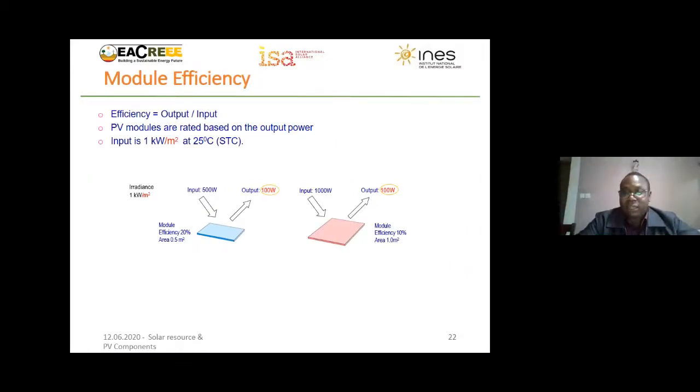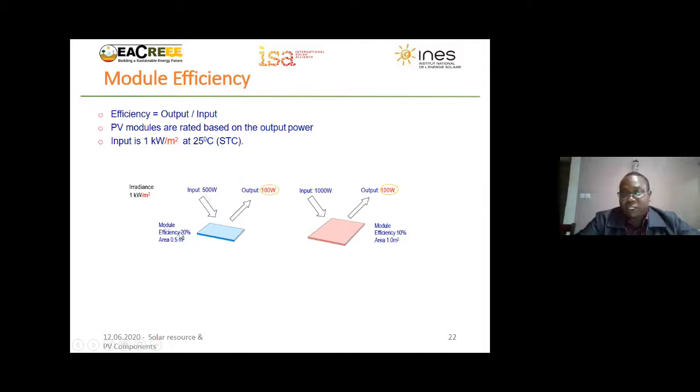Given that a PV module is exposed to 1,000 watts per square meter, or 1 kilowatt per square meter, and that panel is about 0.5 square meters and has an efficiency of 20%, then the input power will be the irradiance multiplied by the area of that panel, which gives an input power of 500 watts.